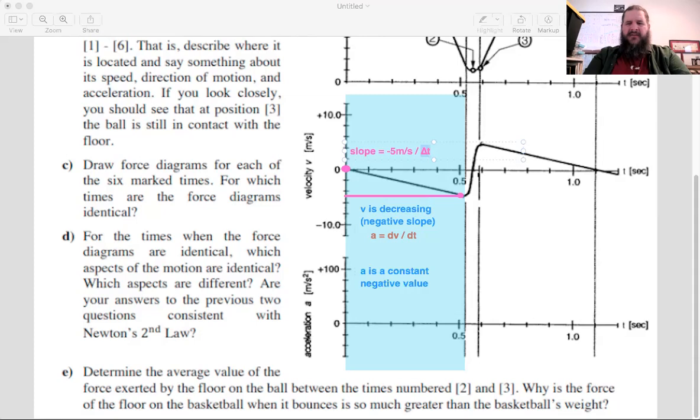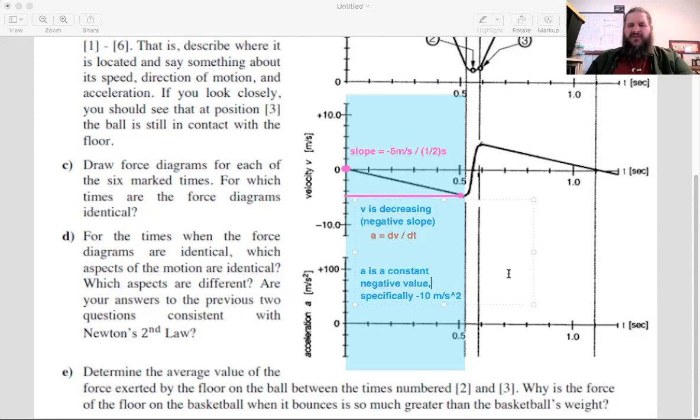And the change in time would be 0.5 seconds, in other words, half a second. And I'm rounding this off a little bit here. It looks like it's a little bit different than 0.5 and a little bit different than 5, but pretty close. And what's 5 divided by 1/2? Yeah, 10. So -10 meters per second squared.